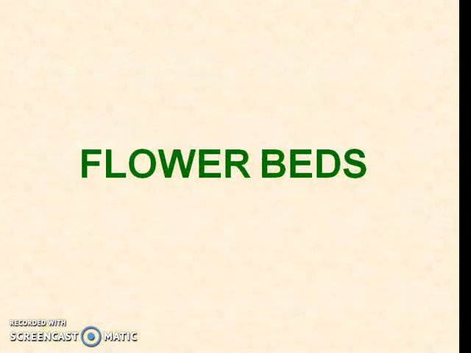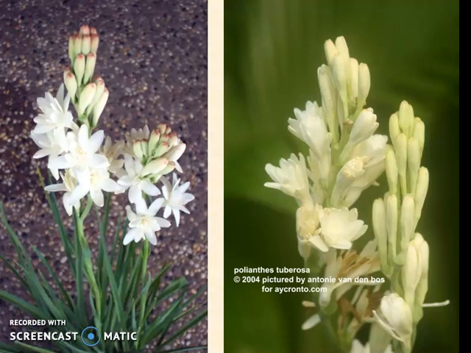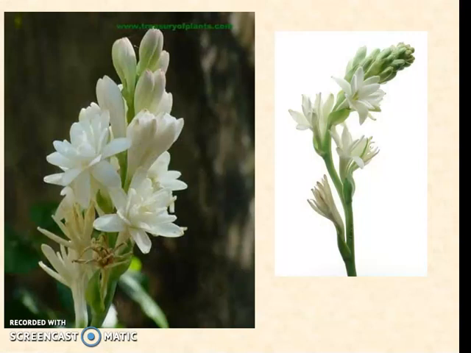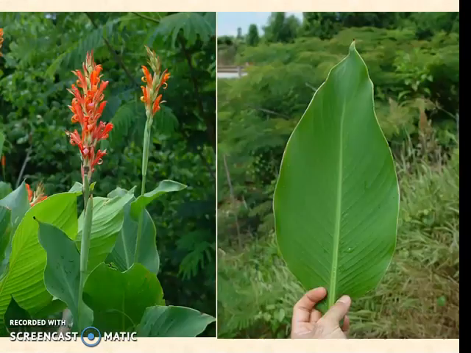Now flower beds are the attractive spots or points in your garden, which use so many flowering plants. This is Polianthes tuberosa. This is Canna indica.